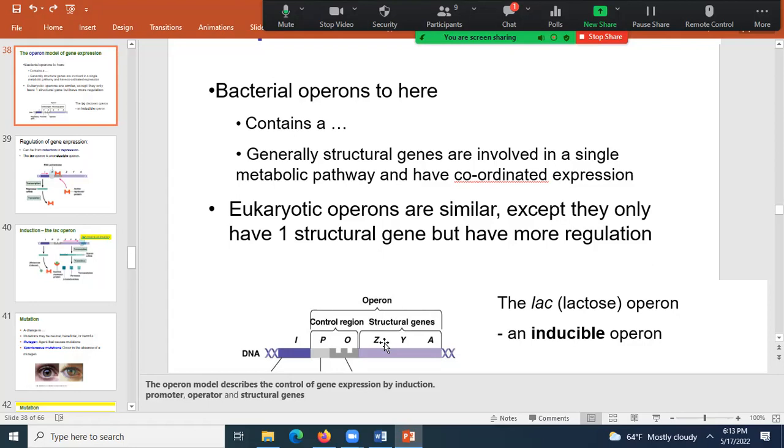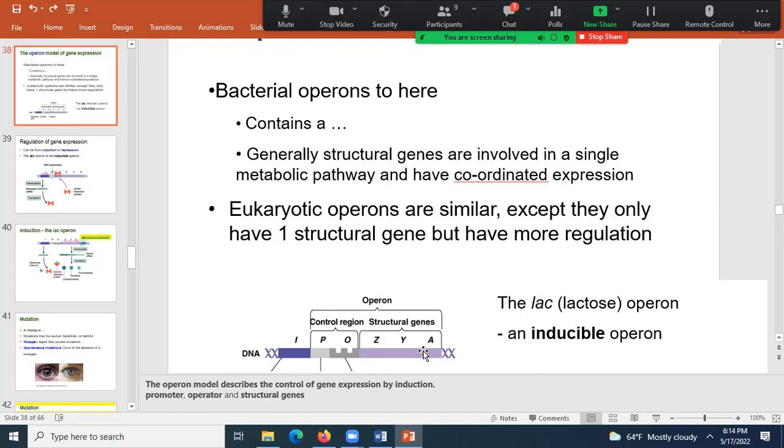So we have an operon that has the lactase gene in it, and then we have an operon that has the gene for the protein transporter to bring the sugar lactose into the cell. And then we have an operon for A, and that's to convert the sugar beta galactose into the sugar glucose. Okay.